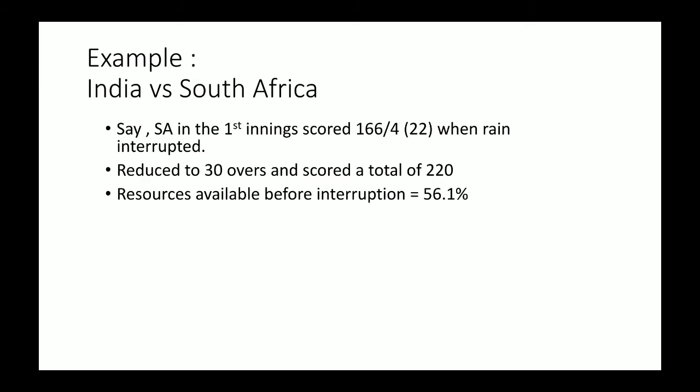The total wickets lost is equal to 4, and the total overs remaining is 50 minus 22, that is 28. Taking this data into consideration, from the table we find that the resource is 56.1%. This 56.1% is not calculated but taken from the table, because the table is predefined.